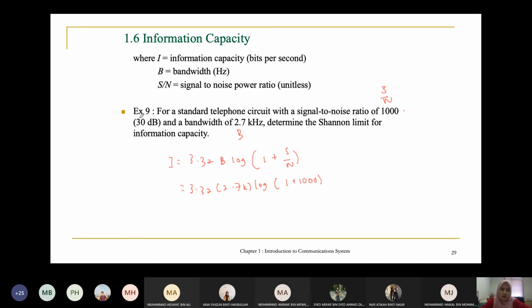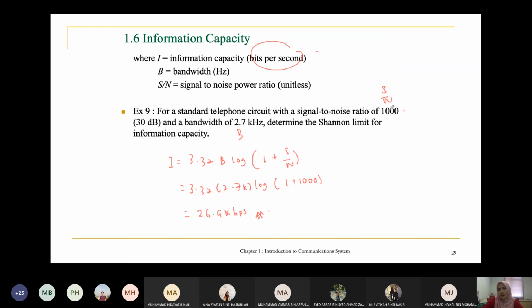Do not use this one. If you use 30, you will get the wrong answer. So this is 26.9K. The unit is bits per second, so 26.9 kilobits per second.